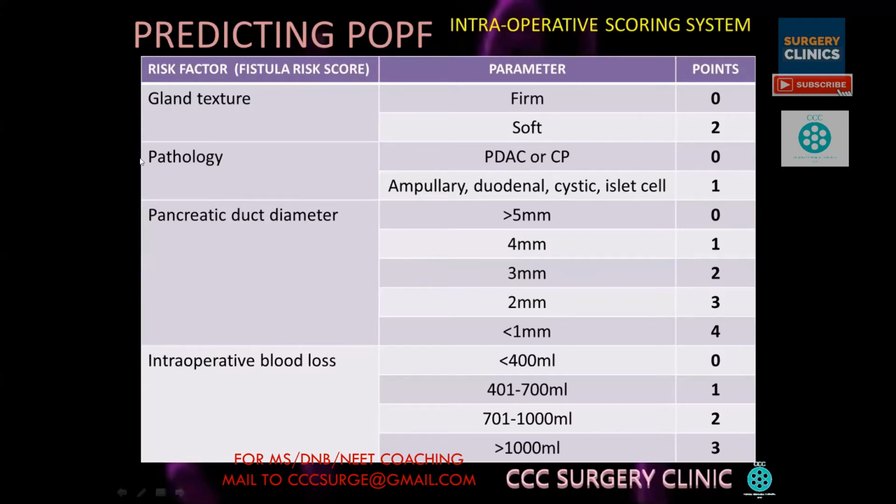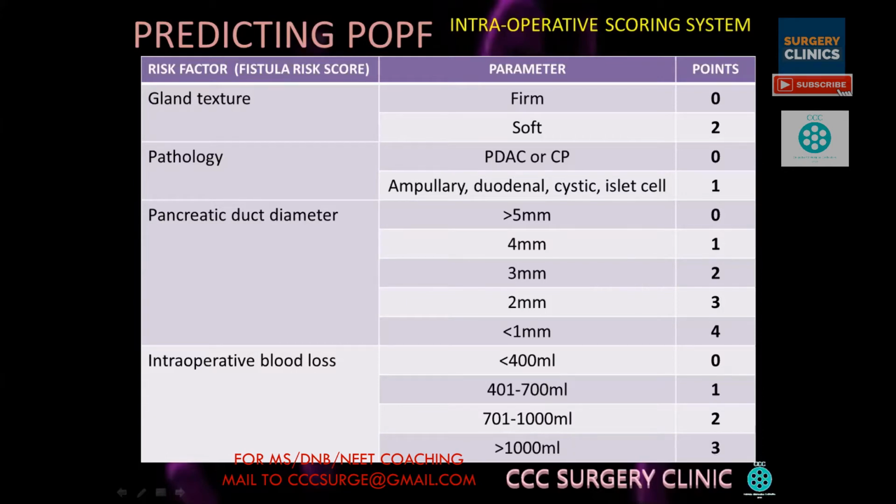If you have an ampullary, duodenal, cystic, or islet cell tumor, your point score is 1. Now look at the pancreatic duct diameter. More than 5 millimeter, 0. 4 millimeter, 1. 3 millimeter, 2. 2 millimeter, 3. Less than 1 millimeter, 4. Intraoperative blood loss, less than 400, 0. 401 to 700, 1. 700 to 1000 is 2, more than 1000, 3.